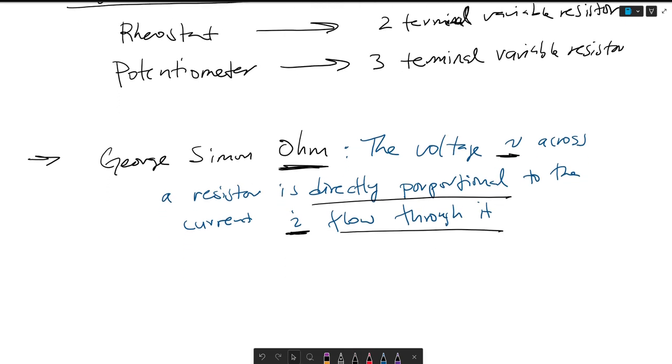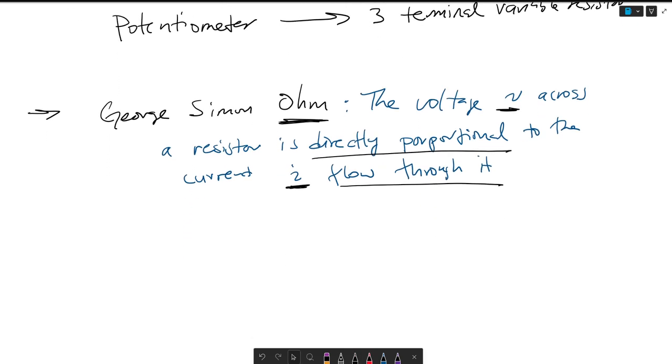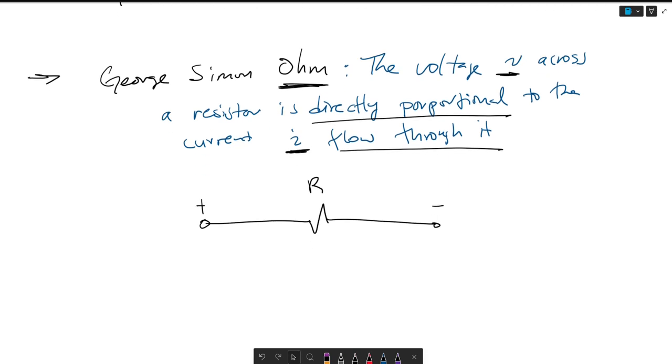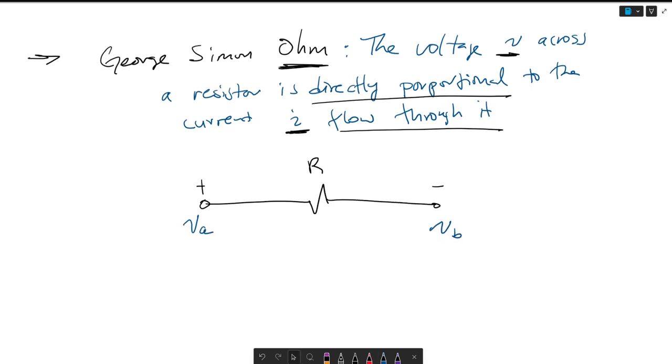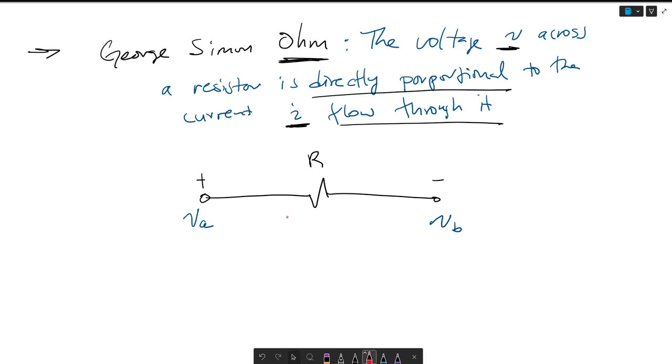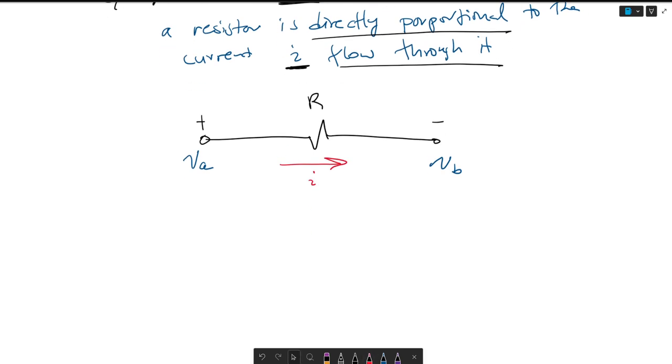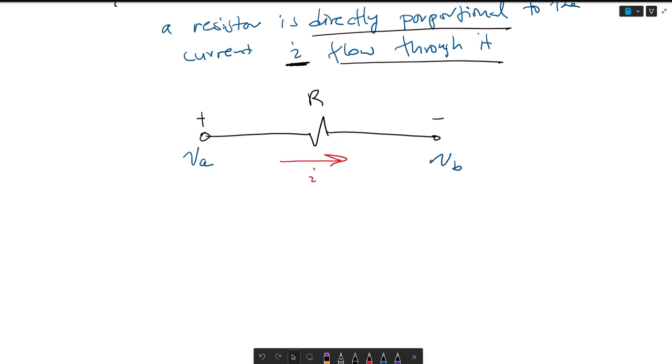How we define that is if you have a resistor R with plus and minus, remember voltage is just the voltage difference. So there's a voltage VA here and a voltage VB here, and there's a current I flowing through it. We could say that VAB is equal to VA minus VB.